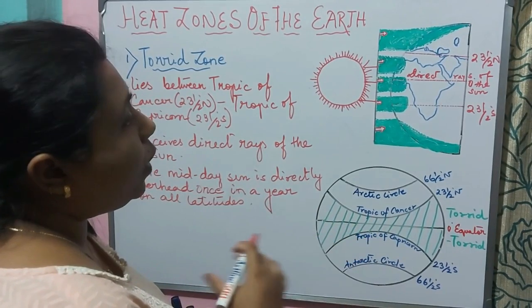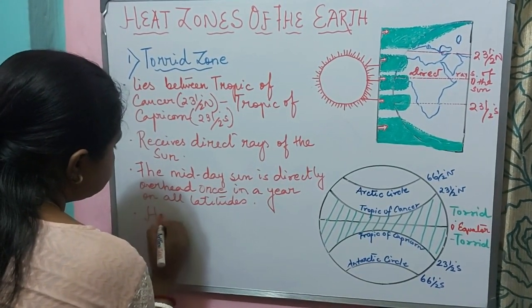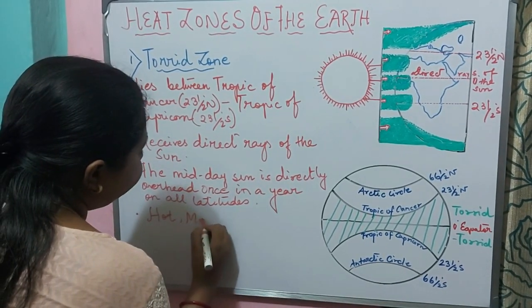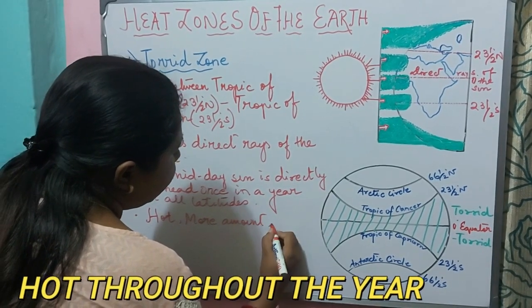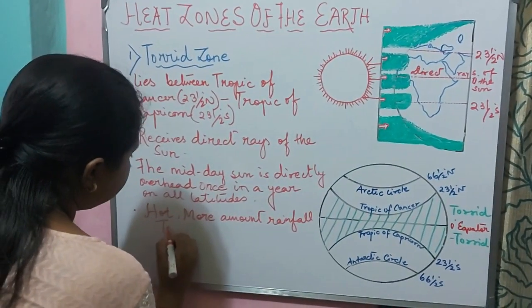Here, how will the climatic condition be? It will be hot. The areas will receive more amount of rainfall. Temperature will be very high.